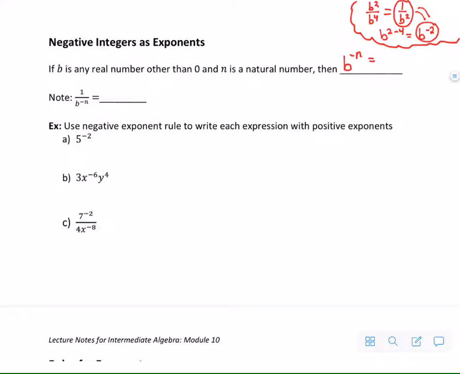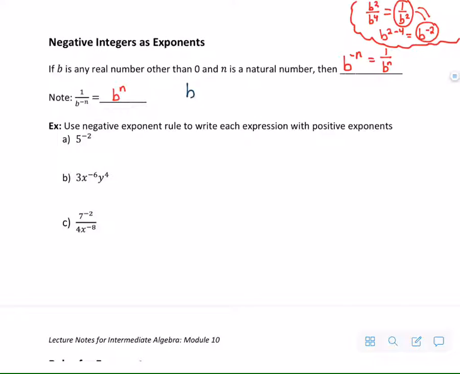So raising something to a negative power means take 1 over b to the positive power. If it's b to the minus n, you're going to do 1 over b to the positive n. And if it's 1 over b to the minus n, it becomes b to the positive n. Here's what I think in my head.